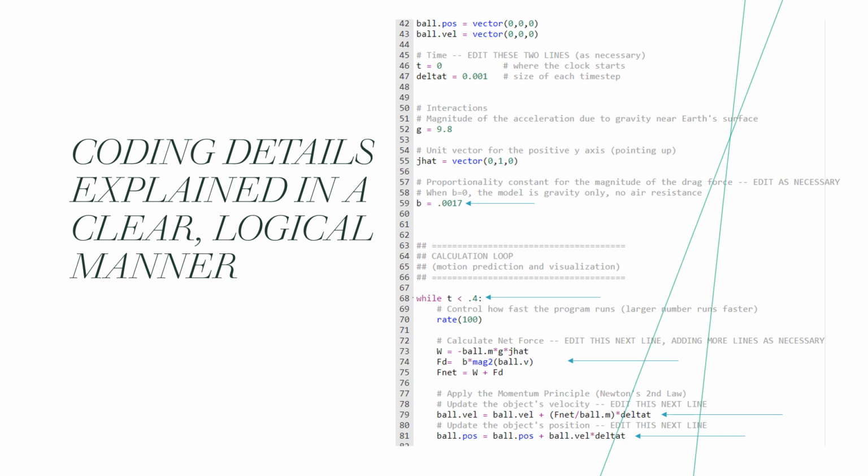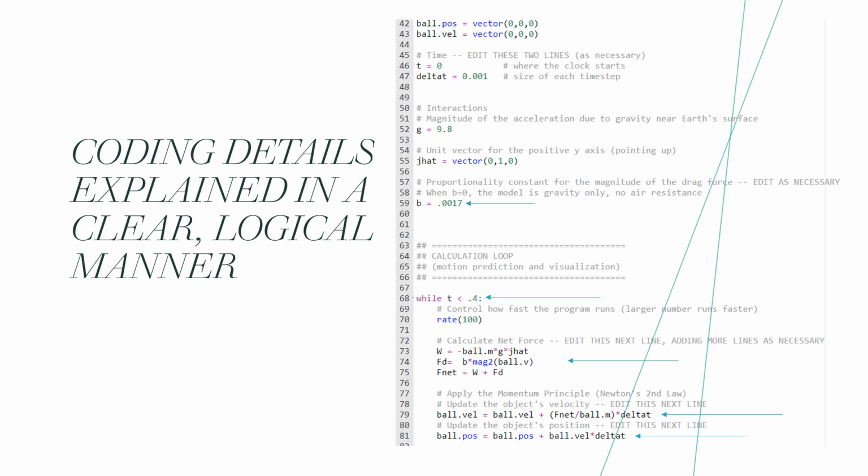And then for the net force, there we got weight force equal to negative mass times gravity times j hat, which basically just means it's going to be going downwards towards the ground, mg towards the ground.